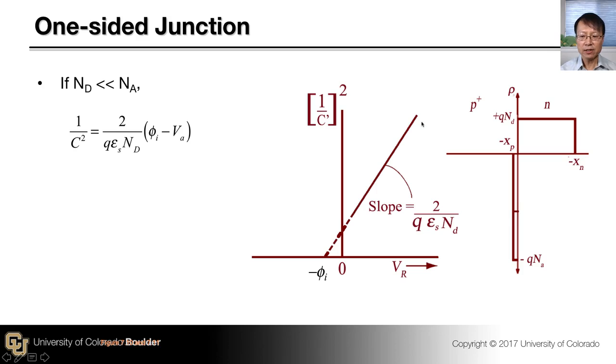So in this case, if you plot 1 over C squared versus the applied voltage, the slope is inversely proportional to the doping density of the lightly doped side. And once again, the x-intercept is the built-in potential.